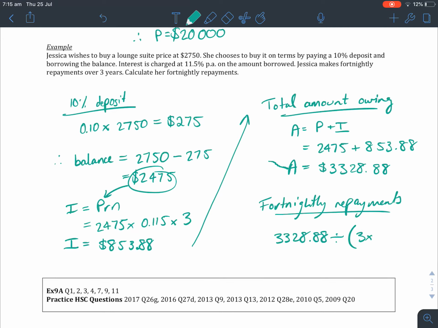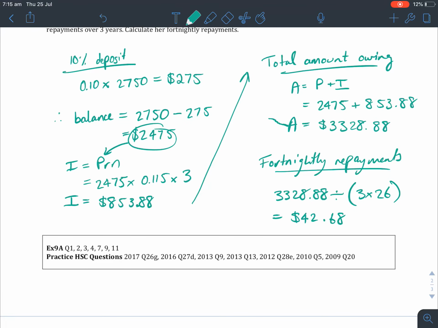So 3 multiplied by 26, because there's 26 fortnights in a year. $42, and to 2 decimal places, 68 cents is her repayment every fortnight.